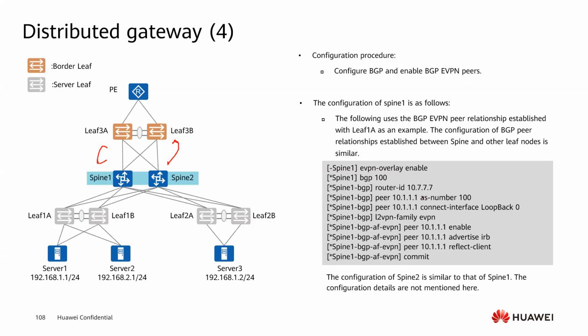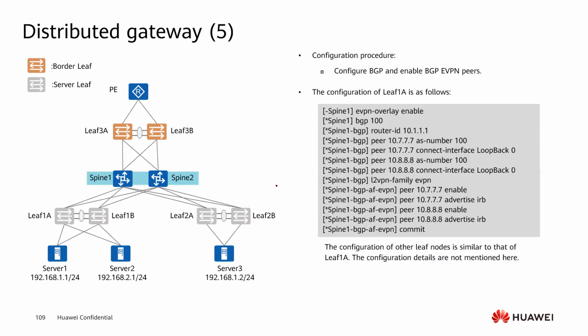And we need to configure the BGP VPN relationship, and we need to enable the Level 2 VPN peer relationship, configure it as the RR client, and configure it to advertise the routes. For the other leaf, in the spine 1 it is the same, so we are not mentioning it here. And for the spine 2, it is also the same.